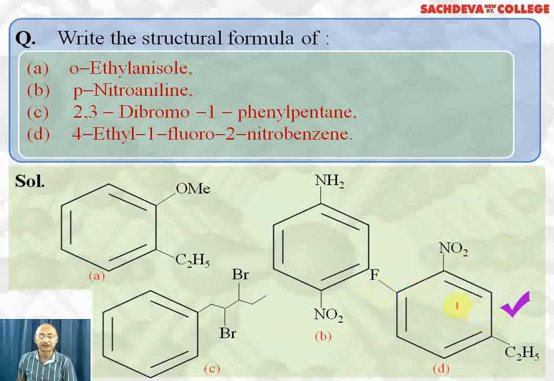Alkyl groups will not be preferred over functional groups. That is the reason that fluoro has got number 1, nitro has got number 2 and ethyl has got 4. So we write 4-ethyl-1-fluoro-2-nitrobenzene. So here this is number 1, this is number 2 and this is number 4. That is the way of writing the structural formula of this organic compound.